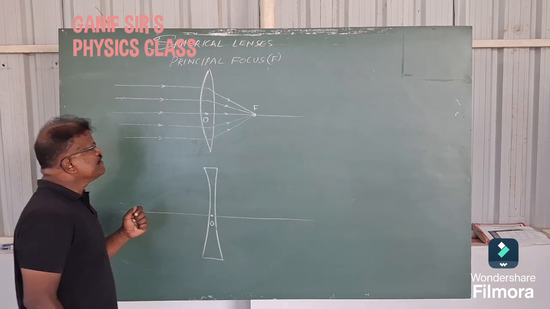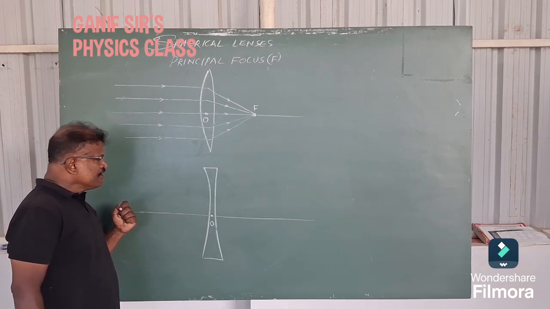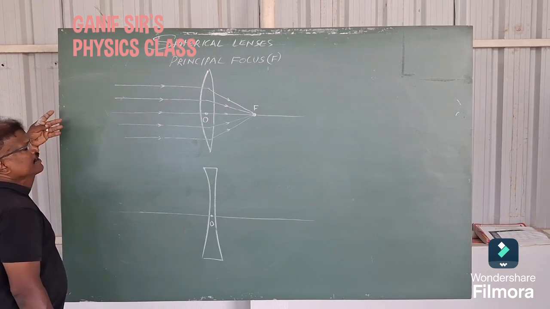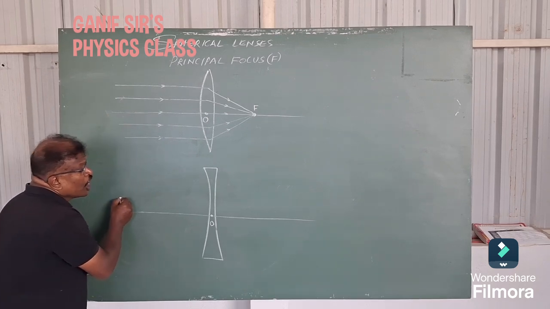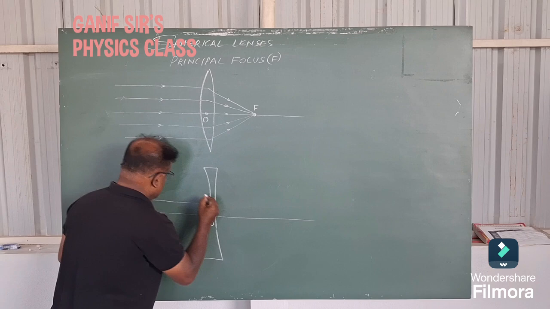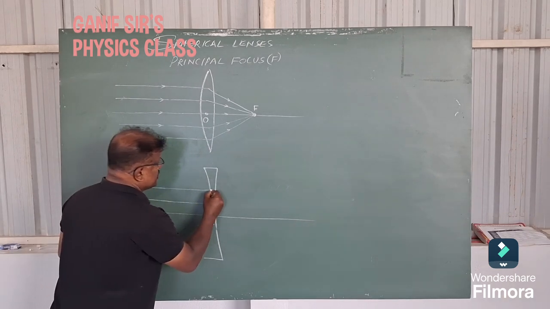Now let's see what happens when rays of light parallel to the principal axis get incident on a concave lens.